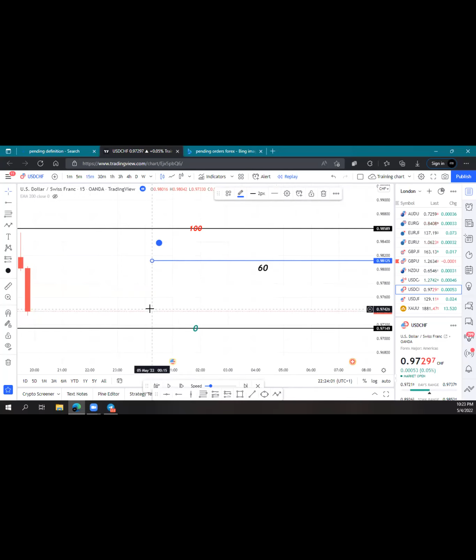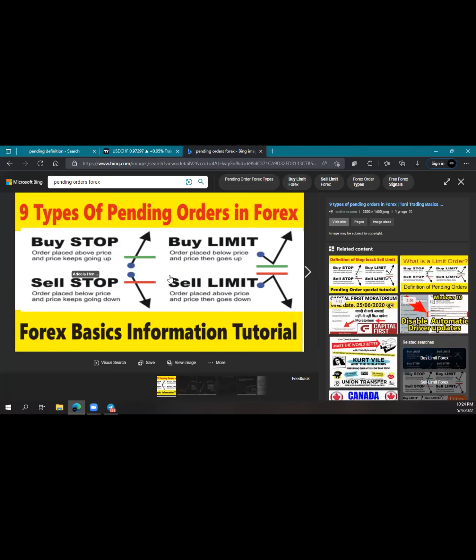Look at the location of the market price. Look at this. Which of these sell options are we supposed to use? All right. Sell stop.